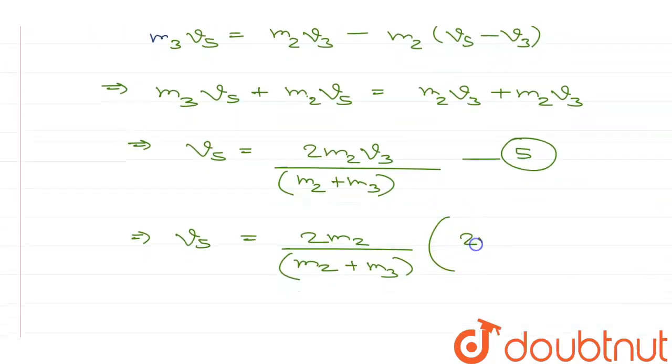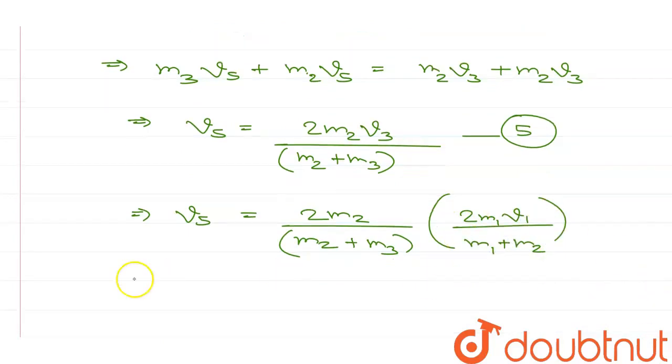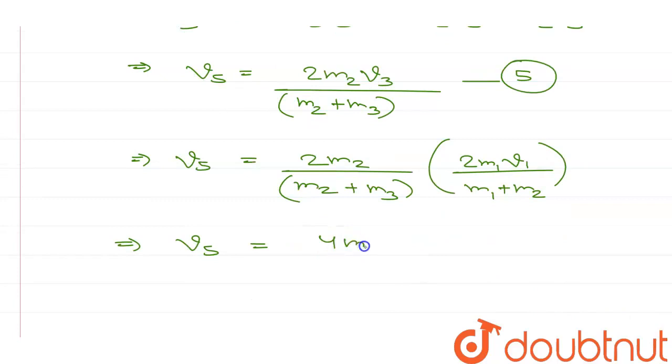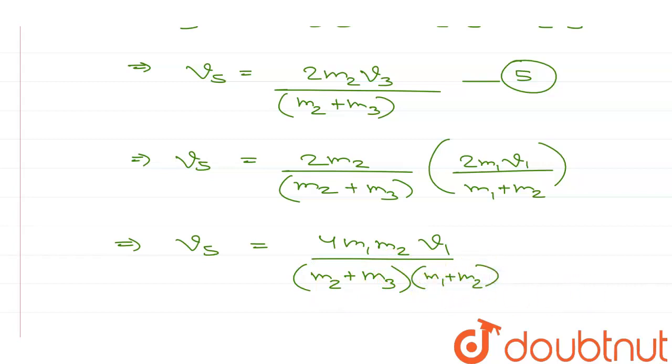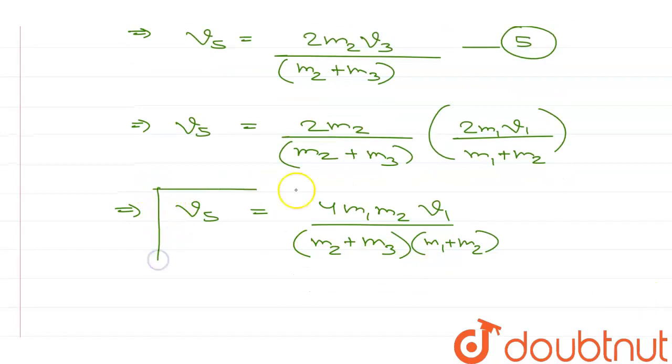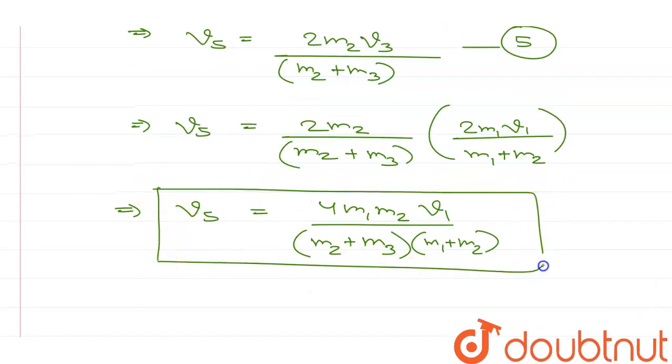So I get v5 is equal to 4 m1 m2 v1 upon (m2 plus m3) into (m1 plus m2). So this is the expression of v5.